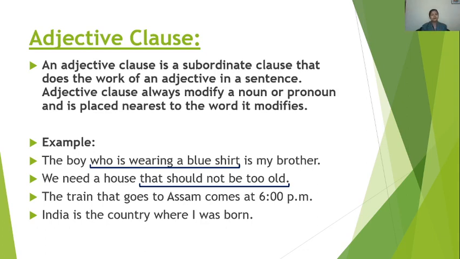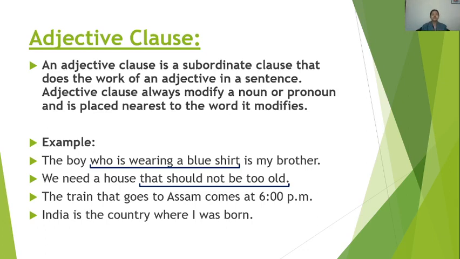Don't forget this thing, children. Only having a group of words is not a clause. That is a phrase. But a group of words with a subject and a helping verb, your finite verb, is only a clause. And here we are talking about the clause, not the phrases. So don't forget that it must have a subject and a verb.